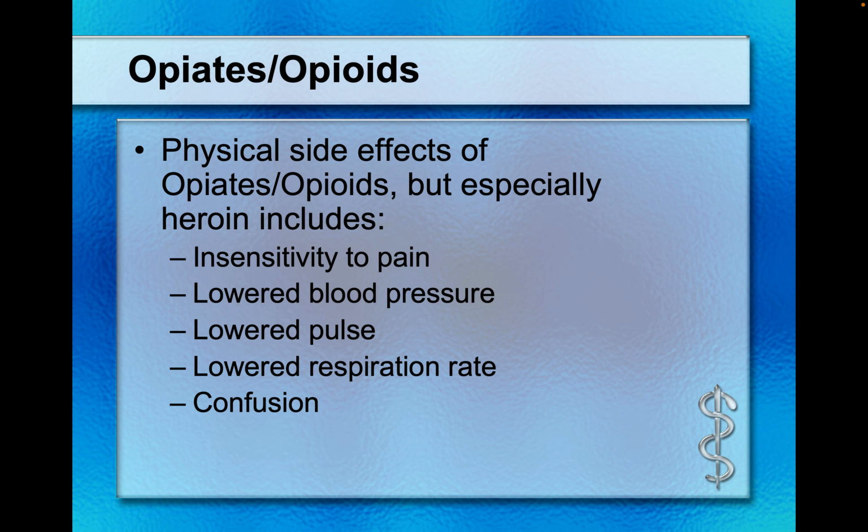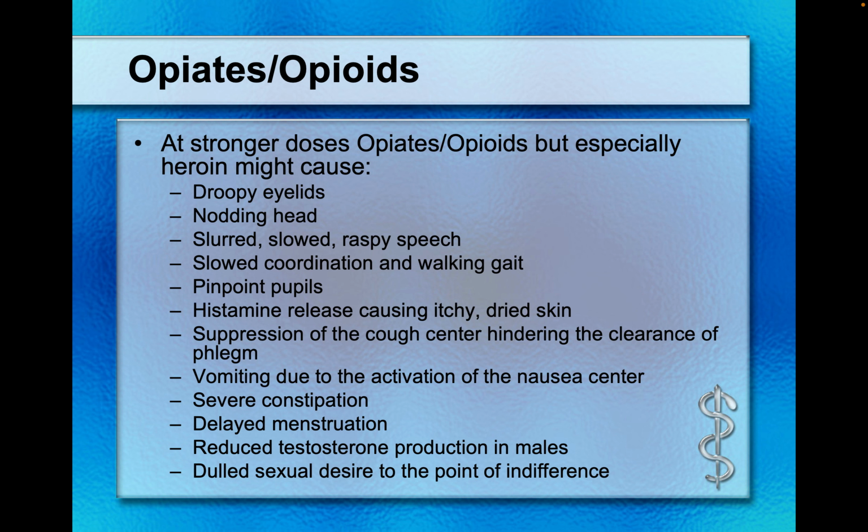Physical side effects of opioids, but especially heroin, include insensitivity to pain, lowered blood pressure, lowered pulse, lowered respiration rate, and confusion. At stronger doses, opioids, but especially heroin, might cause droopy eyelids, nodding head, slowed, raspy speech, slowed coordination and walking gait, pinpoint pupils, which is what we're always looking for if we think somebody has overdosed on an opiate.